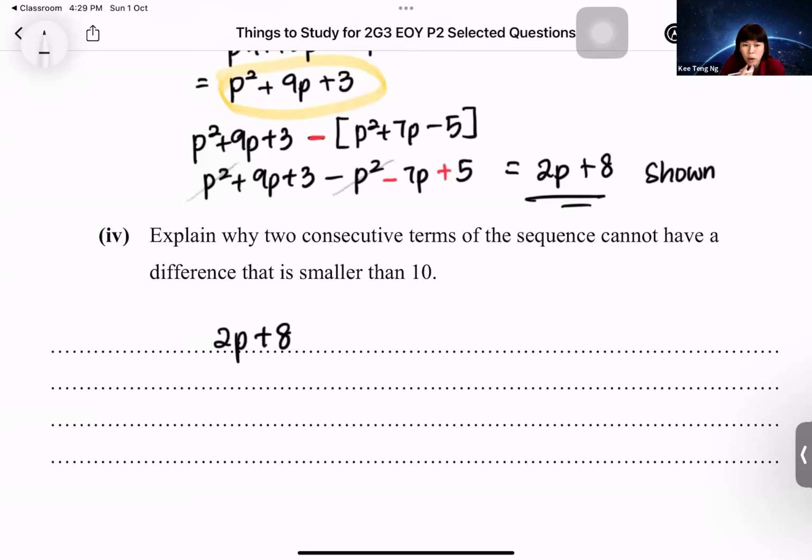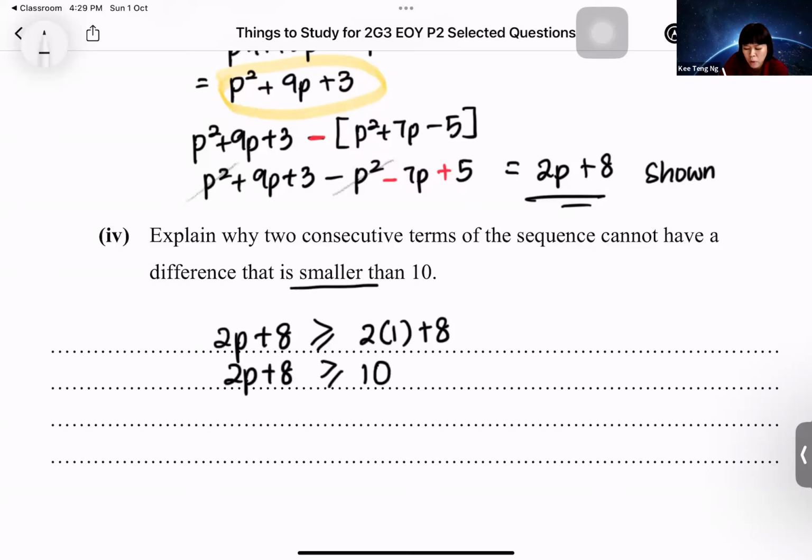But then I will have to say that any difference, right? This is the difference, will always be greater than or equal to the value when p is equal to 1. So you sub p equals to 1 into 2p plus 8. The smallest possible value that p can be is 1, right? So this 2p plus 8, the difference will always be greater than or equal to 2 plus 8, 10.